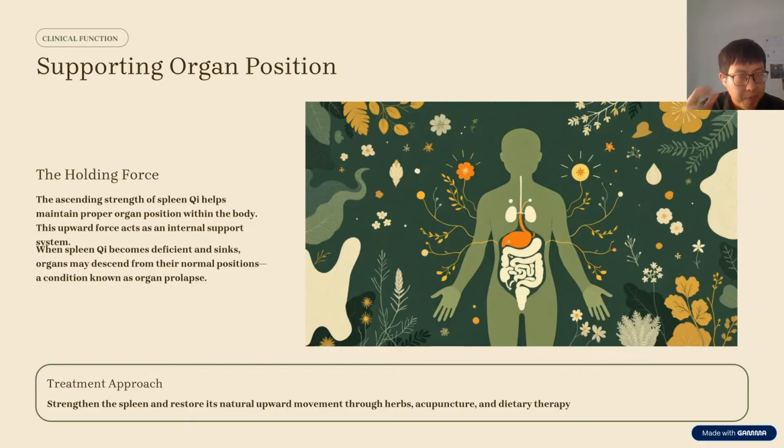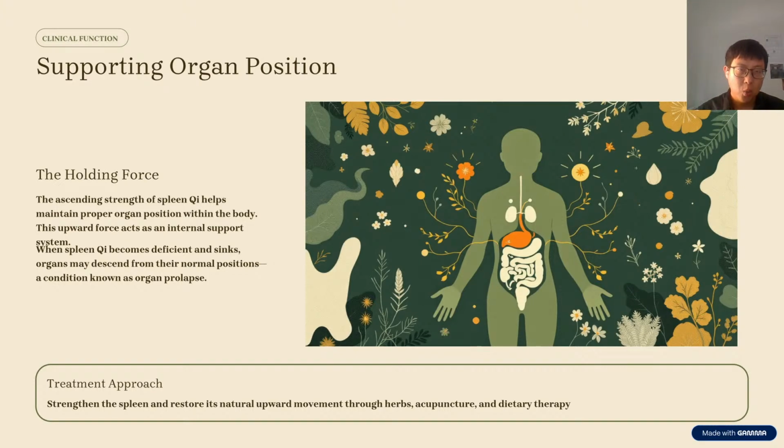Sometimes these patients have combined symptoms. They will have symptoms like diarrhea, right? And their digestion system is not very good. You can pay attention to their symptoms to see if I'm right or wrong.